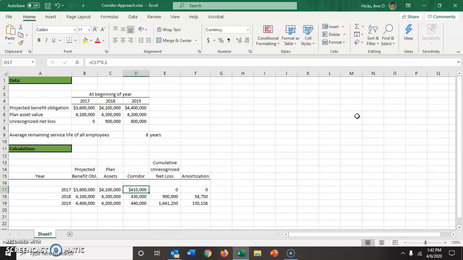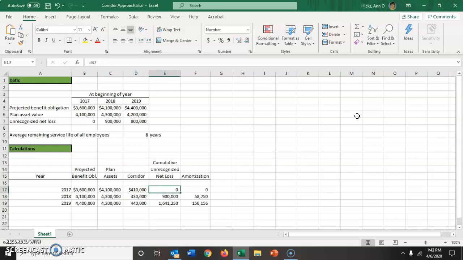year. So in 2017, we had 3.6 in PBO, 4.1 in plan assets. The corridor then is 410,000 or 10% of the plan assets.